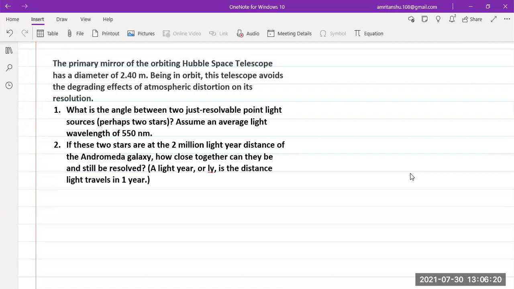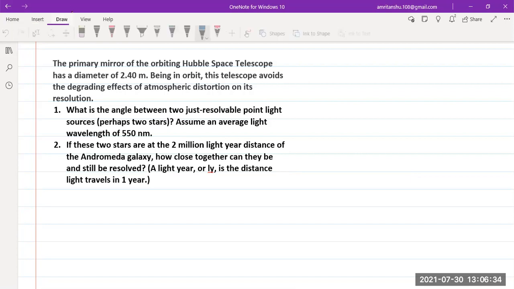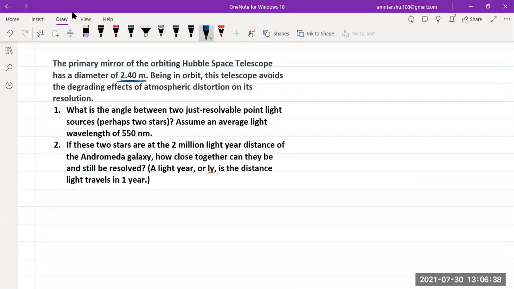First is the diameter of the Hubble Space Telescope. The lens that the Hubble Space Telescope is using has a diameter of 2.40 meters. That's the first part. Here it says images of the two stars.